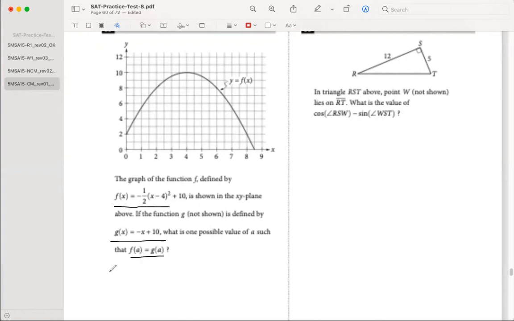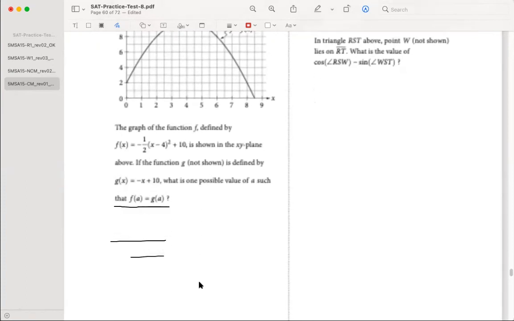Okay, so pretty much you can set it up as this. So you set the two equations equal to each other. Solve. Oh, you guys can see it properly? Okay, then that's fine.